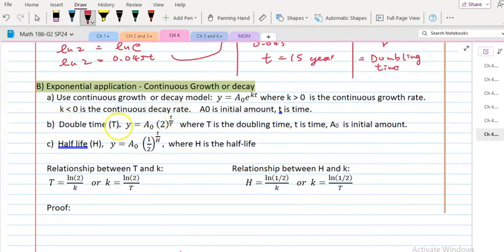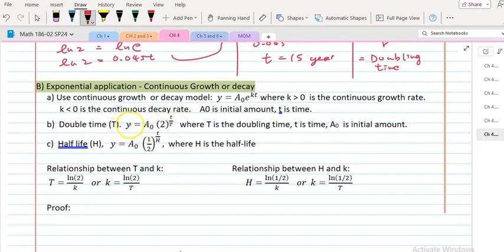So let's look at all the applications, like population or radioactive compound growth and decay. Most of the time we have three choices for doing growth or decay. In general application, you can use continuous compounding, A0 e to the kt, if you know the continuous growth rate. If you know your growth rate, you can use y equal to A0 times 1 plus r to the t.